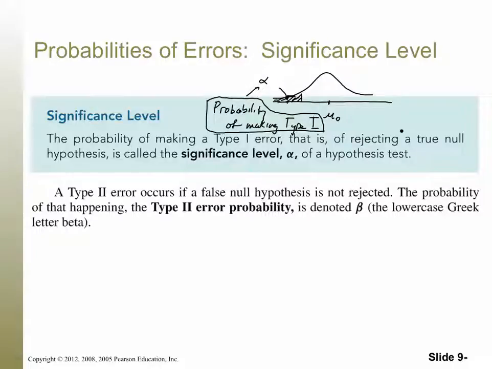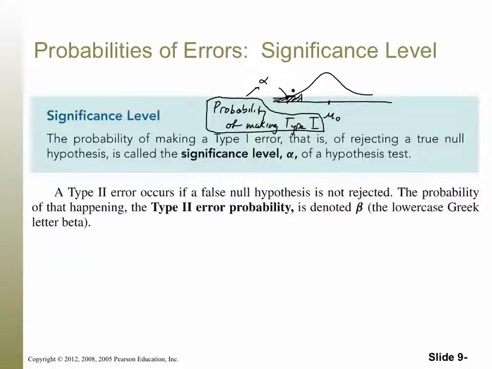Does that make sense? In the case where we should not reject, but we do, we ended up with evidence that landed us with a z-score over here, and there would be, say, 5%. If alpha was 0.05, that would be a 5% chance that we end up with a z-score in this region.